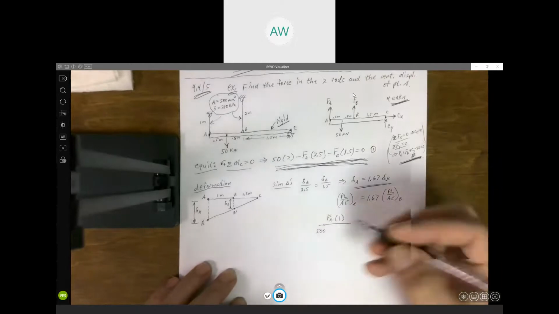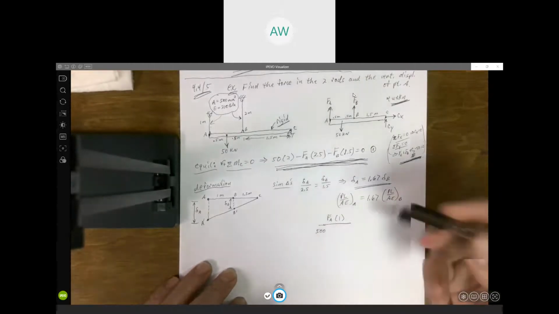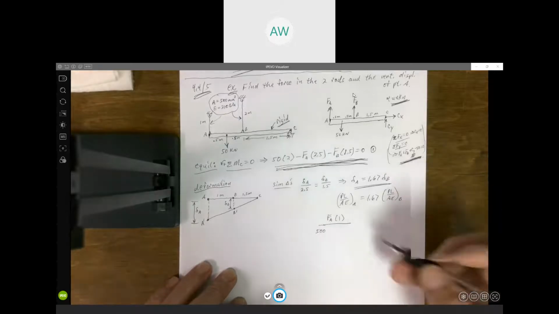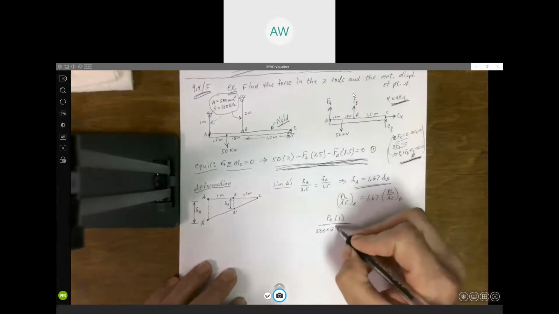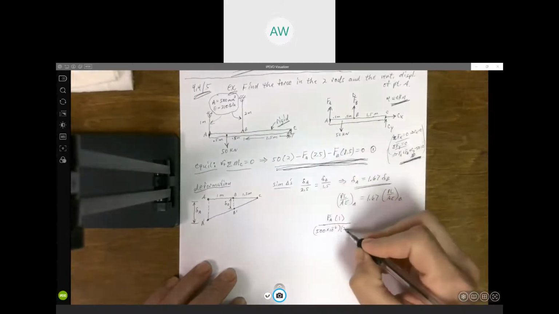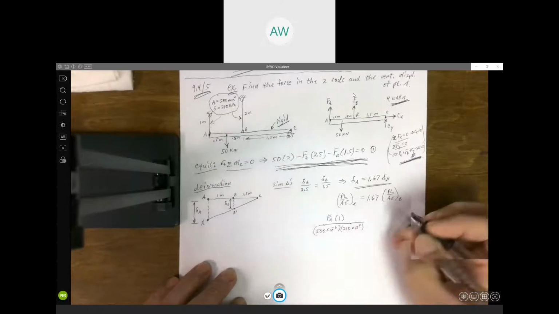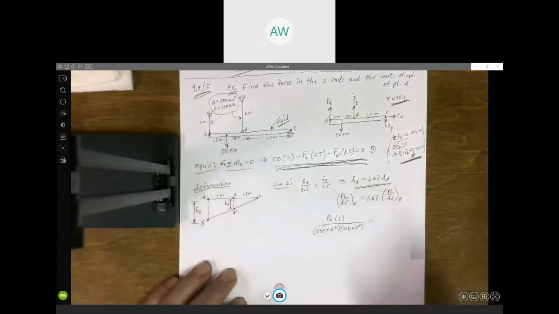If these didn't cancel out and you wanted to make sure units wise were compatible, we would need to convert that into meters squared. So that's times 10 to the negative 6. And E is 210 giga, 10 to the 9 pascals. All right, so that's what PL over AE is for the rod at A.